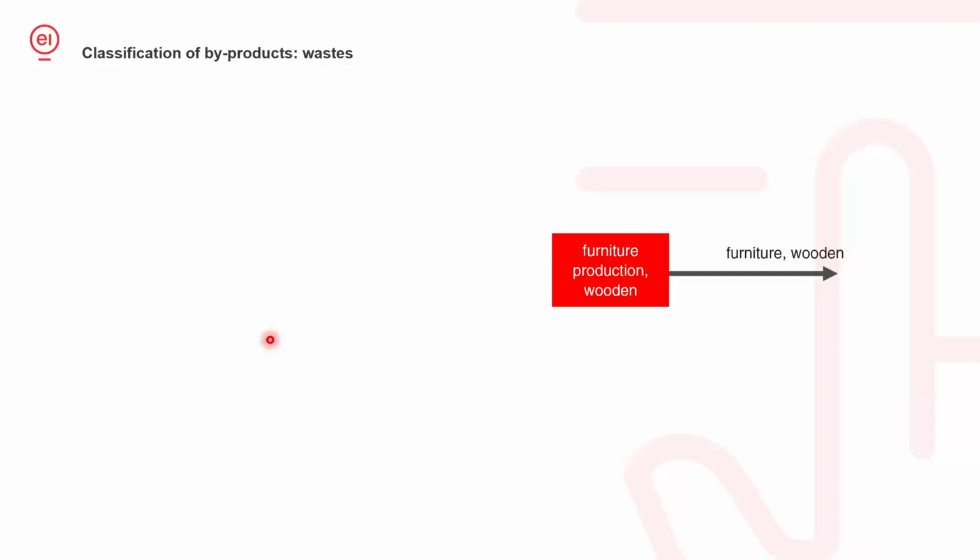Now let's see the example of furniture production that we looked at in the beginning. And let's see how this classification is implemented there. We have the furniture production producing waste. The waste is, for modeling purposes, a negative input.